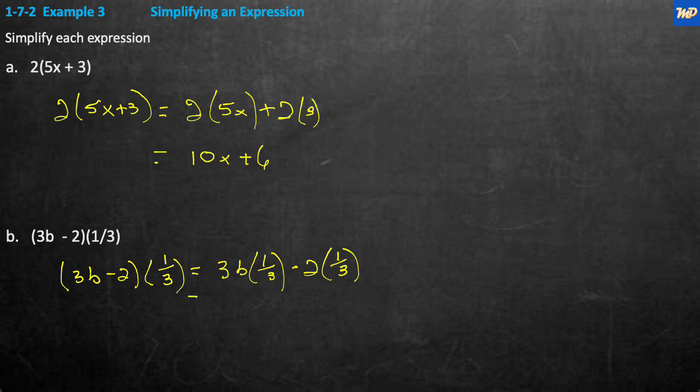And then when we multiply that out, we get 3b times 1/3, or 3b divided by 3 is equal to b minus 2/3. 2 times 1 is 2 over 3, right? Minus 2/3.